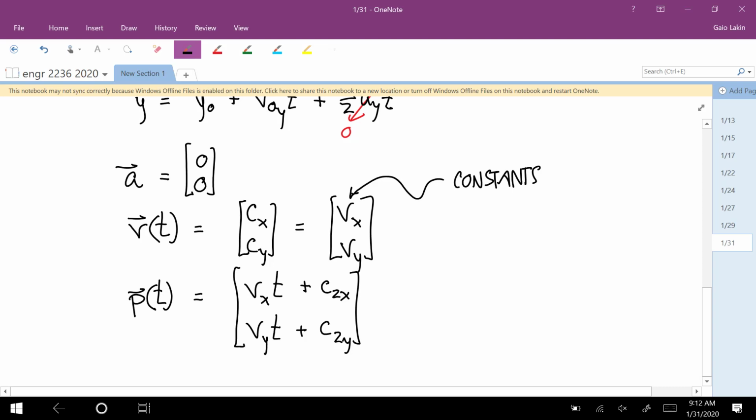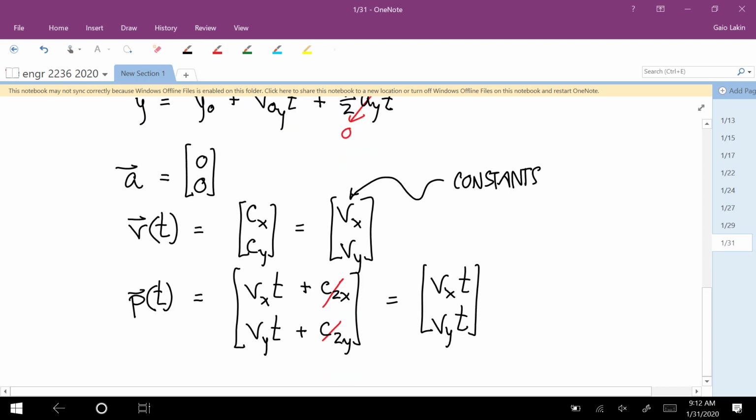If we think of the shore as 0, then these go away. So now we have this position function that's just equal to V_x t, V_y t, which all this was just a fancy way of figuring out distance equals rate times time.